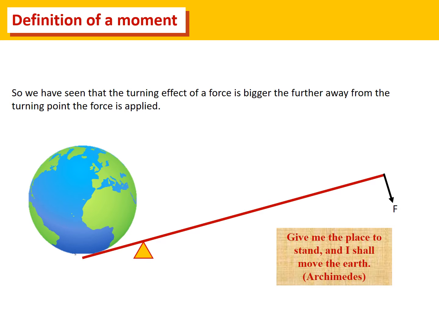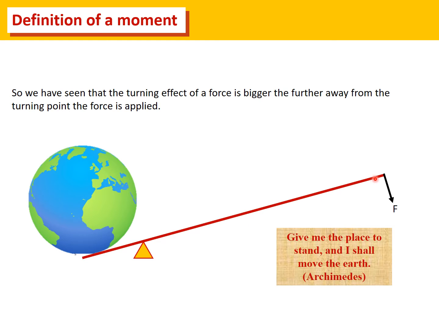And that's the basis of Archimedes saying, "Give me the place to stand and I shall move the earth." He was basically saying if you could stand far enough away from the earth with a long enough lever, you could apply a force which would move the earth. So what we would need is a very, very long distance here.